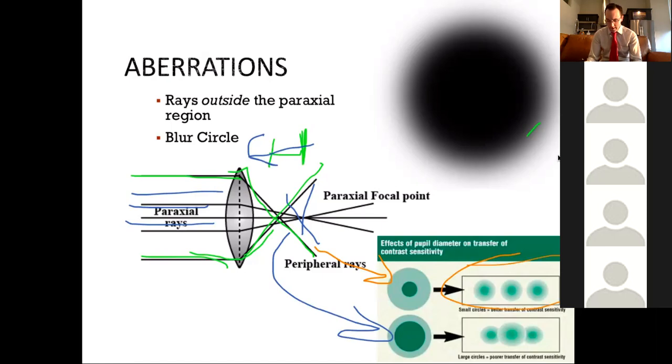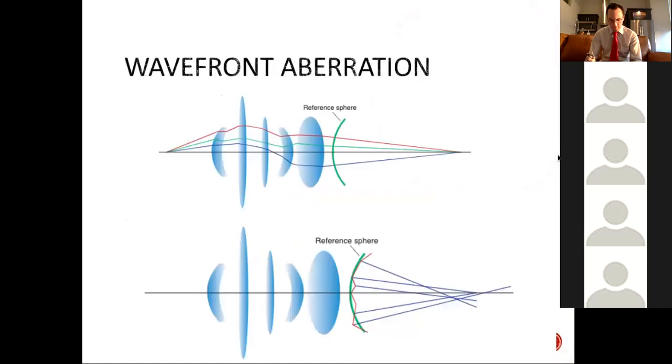Now, when we talk about wavefront aberrations, it's important to know that we are not talking about the wave nature of light, meaning we're not describing light as a particle or as a wave as we do in physical optics. We're simply talking about time, okay?